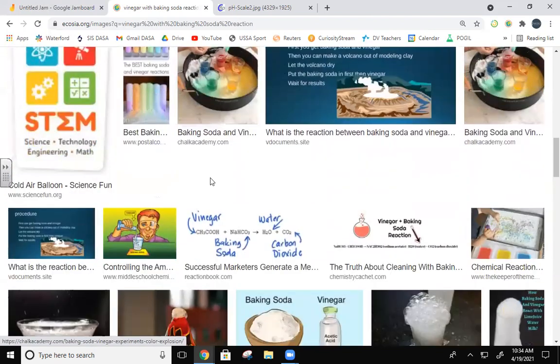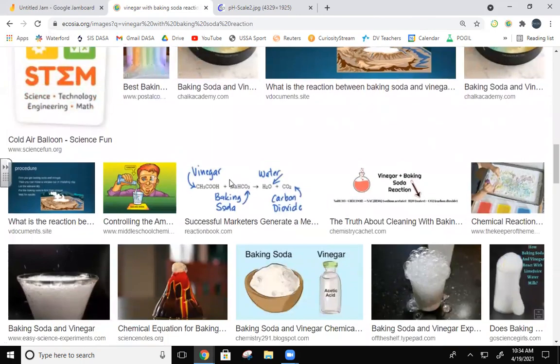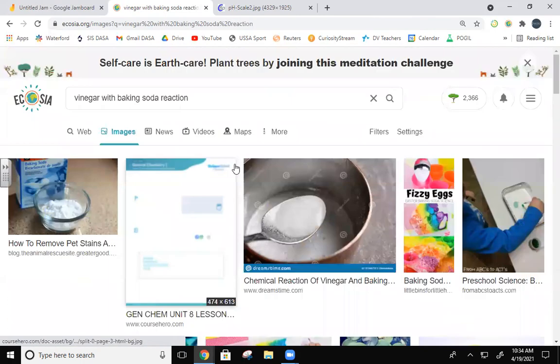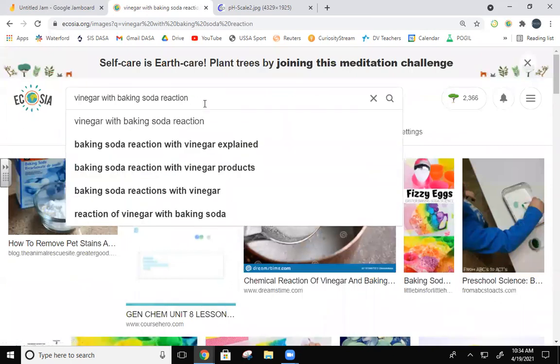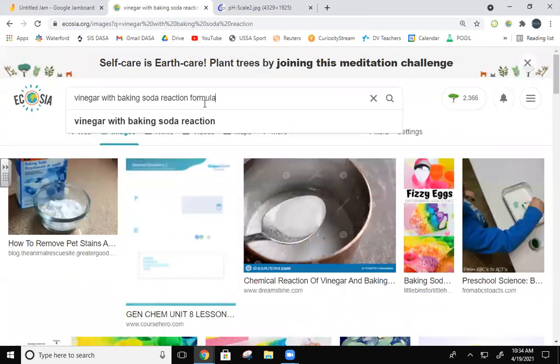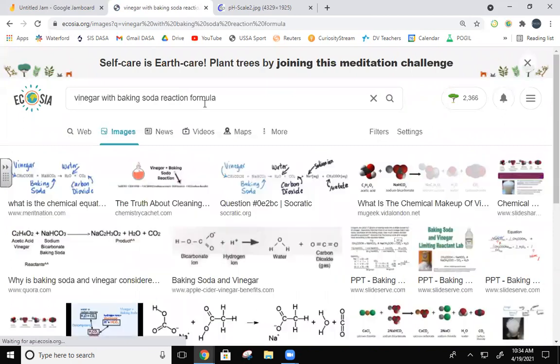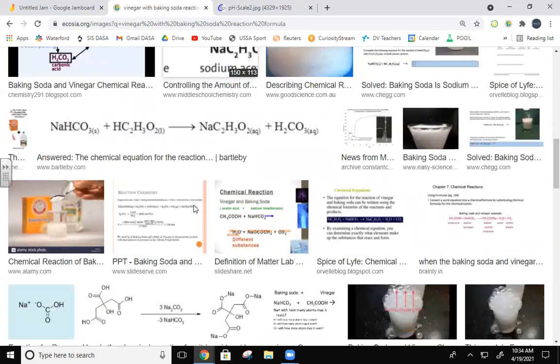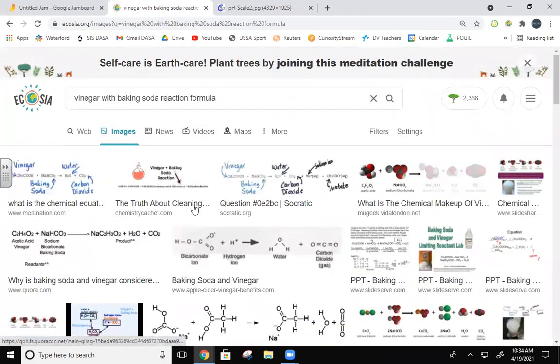Did you see the rainbow vinegar? The rainbow, this? That's pretty cool. Okay. Give me something worth actually looking at. Thank you. All right. Keep going down to find something. No, if you put the word formula into anything, all the anti-science people have a conniption. So we're safe here. We're safe.